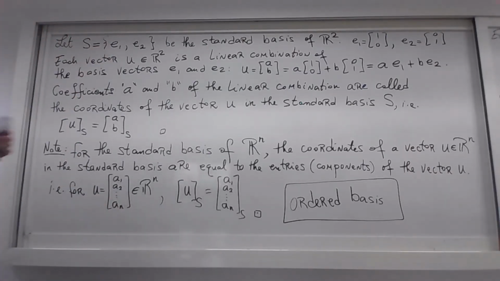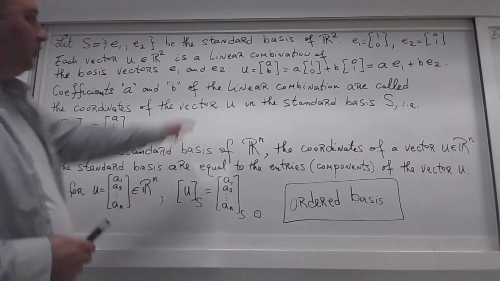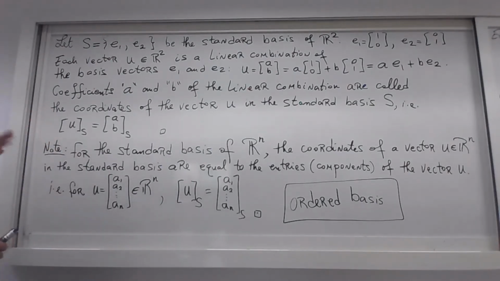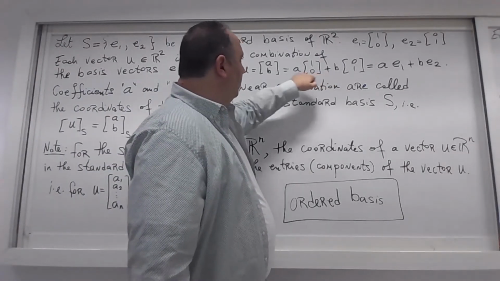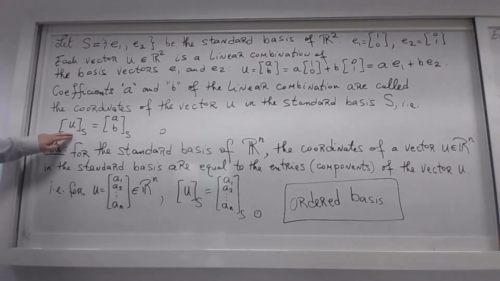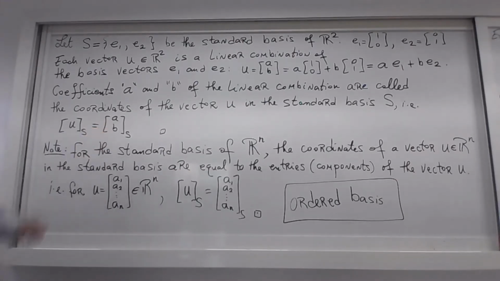So those coefficients are just the coordinates, the coefficients in the linear combination. So that's what the coordinates are. Coordinates are just the coefficients of a given vector relative to a given basis. So these numbers in front. So for our vector u, its coordinates in the standard basis S are A and B, right?